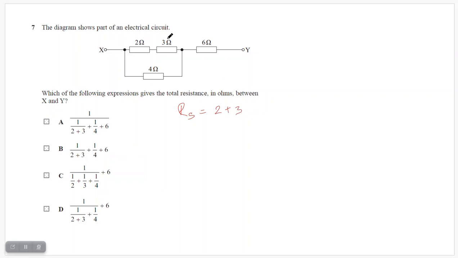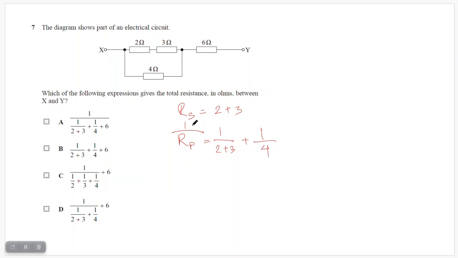Now, consider these two and see how these two are connected with the 4 ohm resistor. So 2 and 3 are in parallel with 4, right? So resistance of the parallel circuit would be, actually recall the equation, 1 by resistance in parallel equals 1 by R1, let's consider this to be R1, 2 plus 3, plus 1 by, let's consider this to be R2, 4.